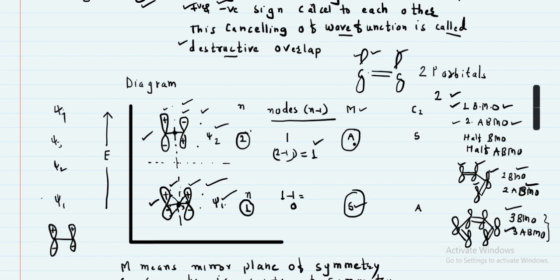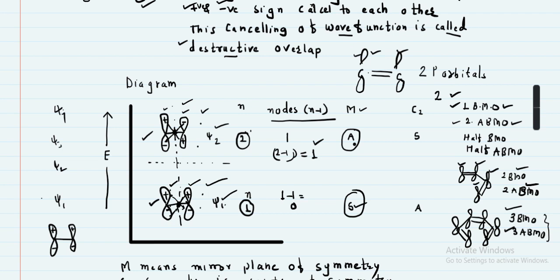In this case, when you move from the center to this side in a straight line, a negative sign is obtained, and when you move in a straight line to the other point, a negative sign is obtained. Moving from positive through the center to positive, the same sign is obtained.